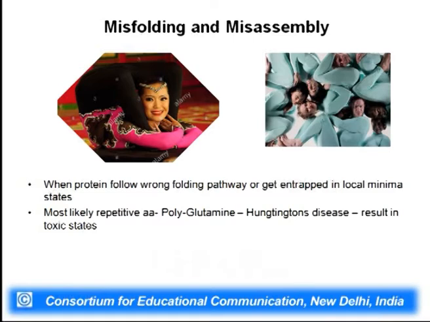We can say that there are two aspects we were talking about, that is misfolding and misassembly. We can have a misfolding of a protein where it is a soluble protein which does not acquire the native-like contacts and it becomes misfolded.